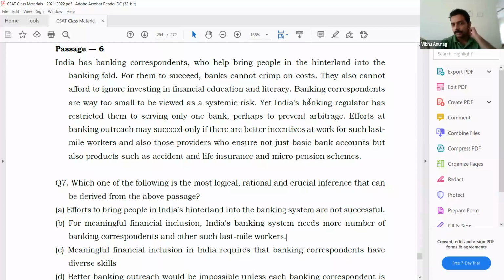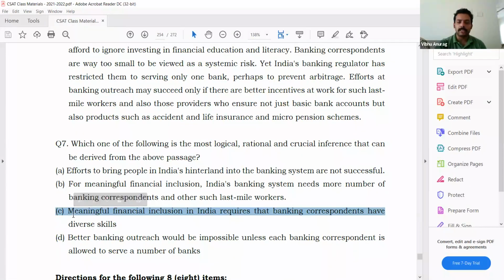That can be inferred, because he's saying that they're very small and banks need to invest money. Yeah, there have to be better incentives at work. So there are very few of them. So B is implied. C says meaningful financial inclusion in India requires that banking correspondents have diverse skills. There is no indication of diverse skills.